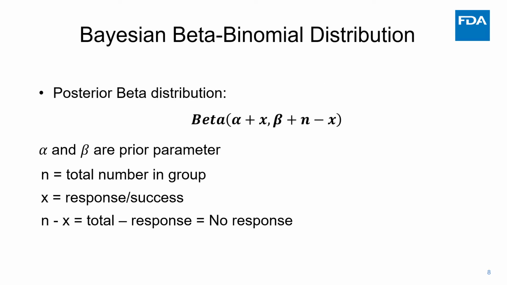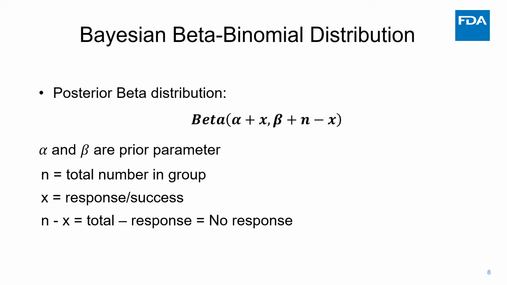The posterior distribution becomes beta with parameters alpha plus x and beta plus n minus x. Here n is the total number of animals in a group, and x is the total number of responses in a group.